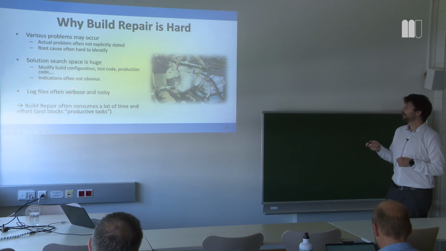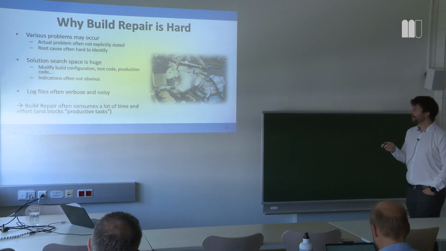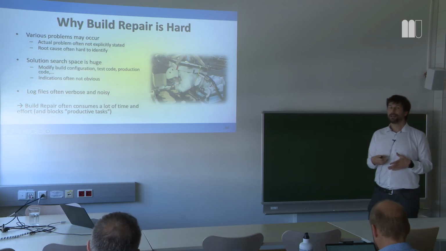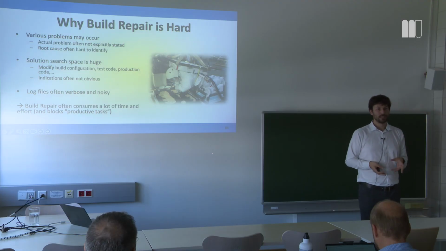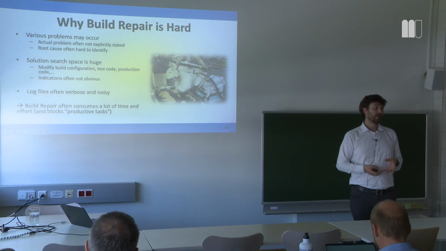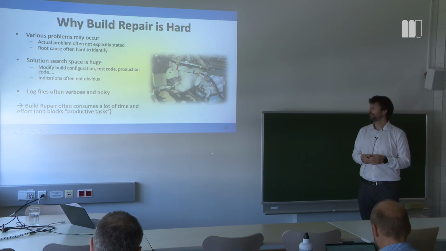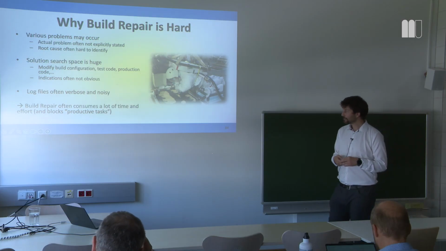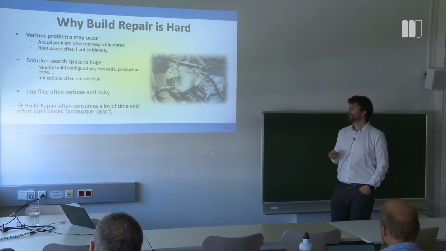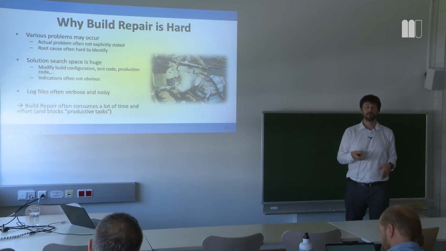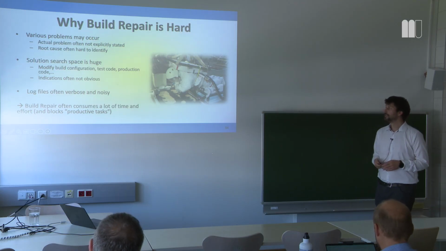And as we found out during this study on repair, the log files, which should basically help us narrow down the errors, are very verbose and very complex, and you need to figure out what's actually wrong. As a consequence, this consumes a lot of time from the developers, and they are blocked from really doing what they want to do.